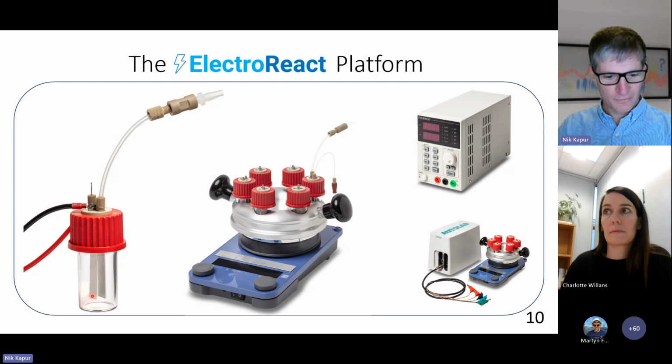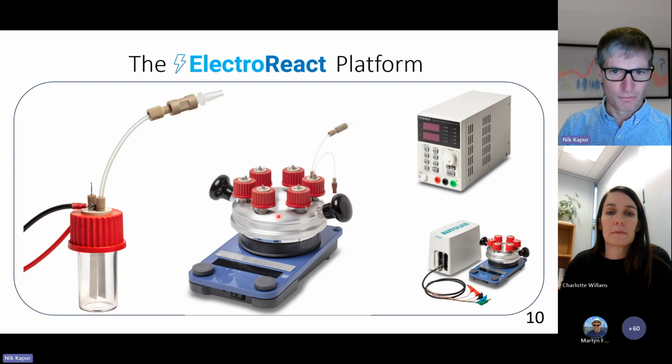This glass vial and the components of the ElectroReact reactor sit within the aluminium plate. What this ensures is that the mixing in each of the reactors is going to be the same. There'll be a magnetic flea in the base of each of these, and one stir hot plate will drive mixing within all of these. And we can also maintain temperature, or if we want to, investigate the effect of temperature.